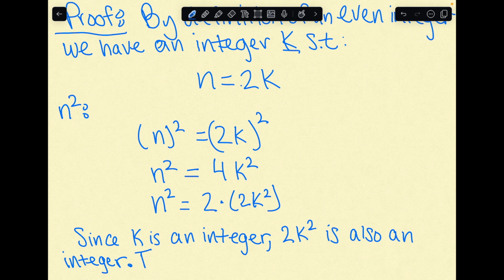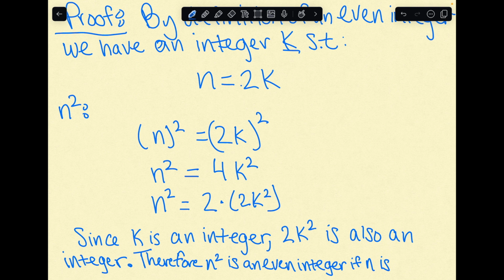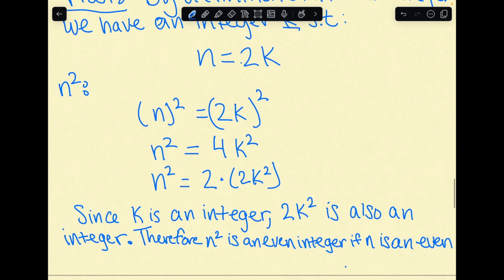Therefore, n squared is an even integer if n is an even integer. I'm running out of space here. And then I like to end my proofs with the shaded box. You could also write QED if you want, but I think for space here, the shaded box is fine.